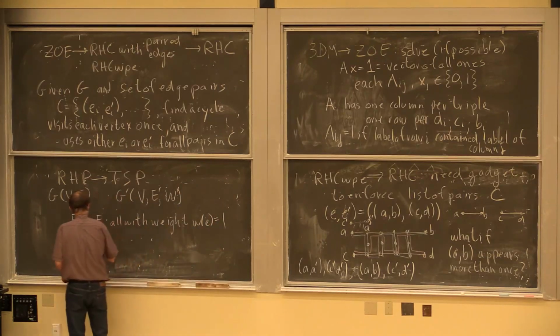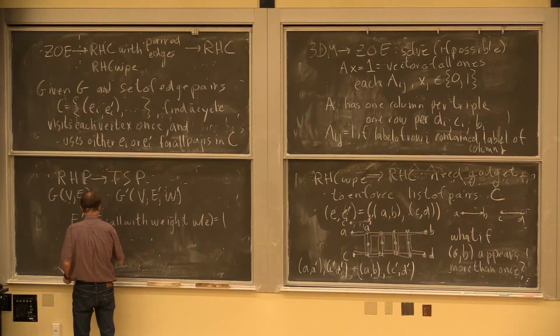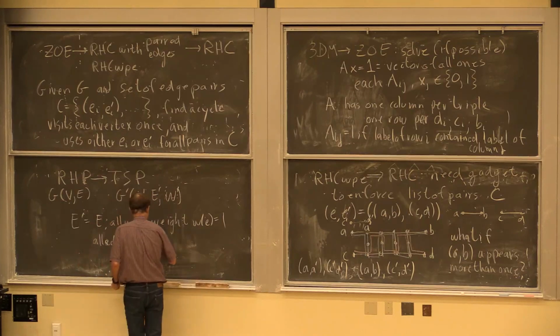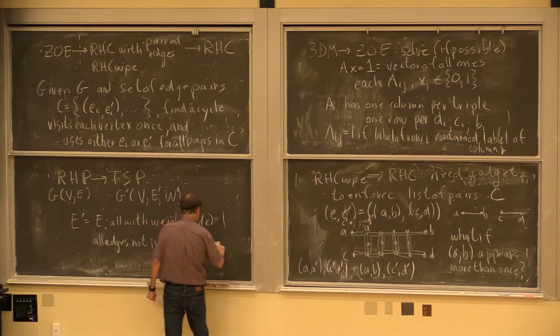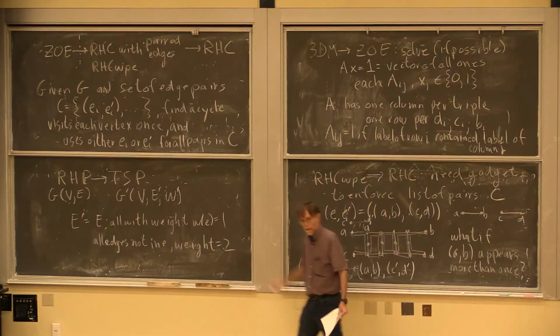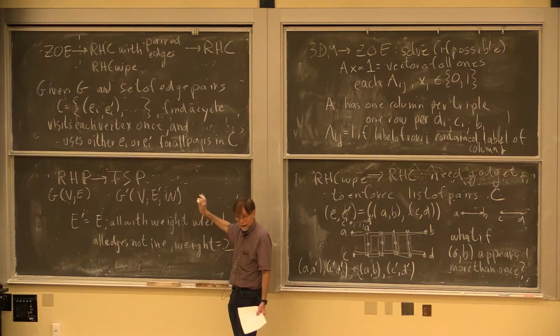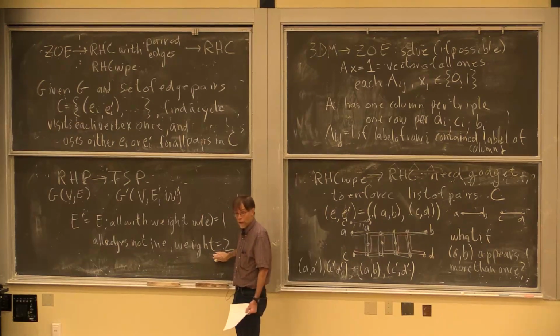And I'm also going to add all other possible edges, all edges not in E, and the weight is going to be 2, or some number bigger than 1, doesn't matter. So it's going to be a complete graph. Everybody's going to be connected to everybody. The original edges will all have weight 1, and the new edges will all have weight 2.